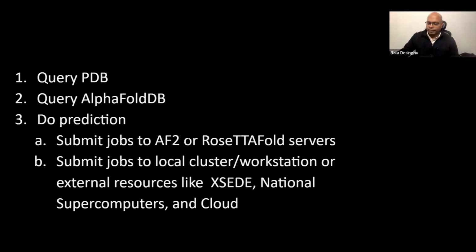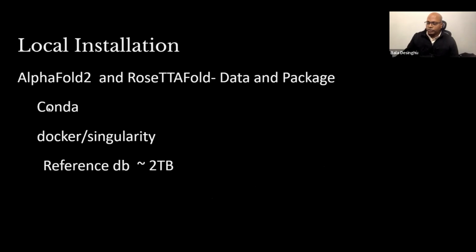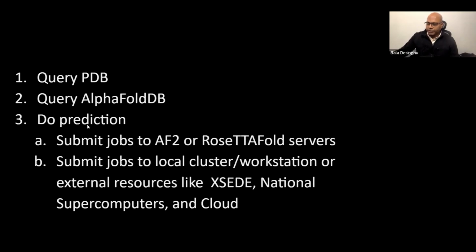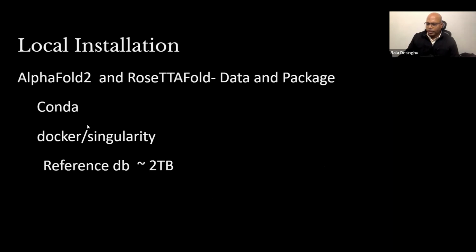But if you have a very large system, a very large protein or complex, you have to run on your local machines, national supercomputers, or cloud, where you have to pay. So what we want to do is walk you through these steps, but in a slightly different way. We'll also talk about the local installation later on.